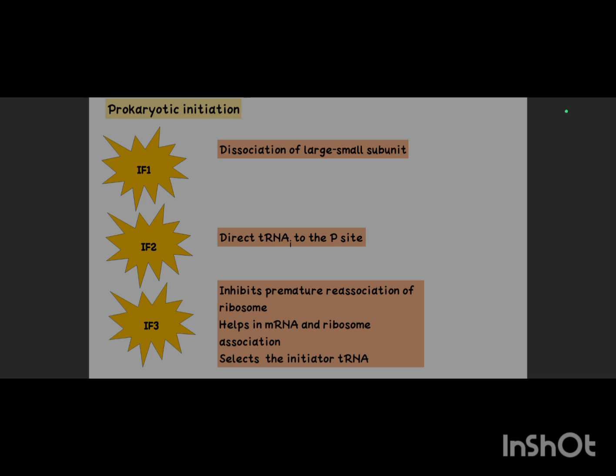It also selects the initiator tRNA, that is, which tRNA will act as the initiator tRNA, IF3 selects. So if there is any mutation in the IF3 binding region, there will be no initiation of translation, meaning the translation will completely stop.